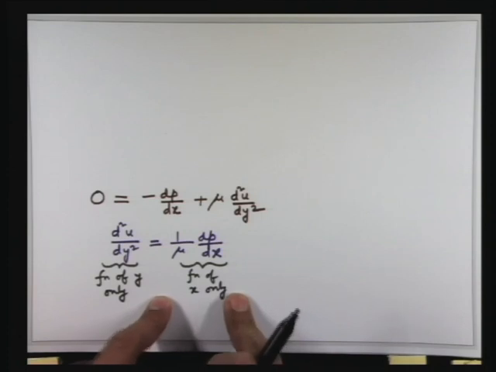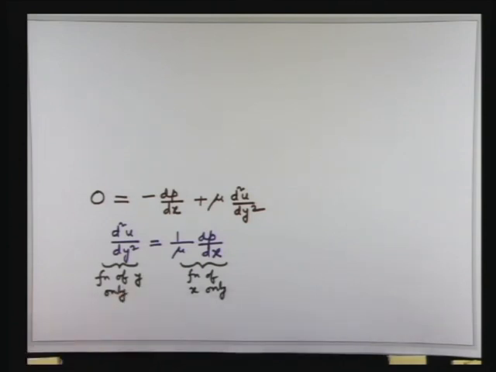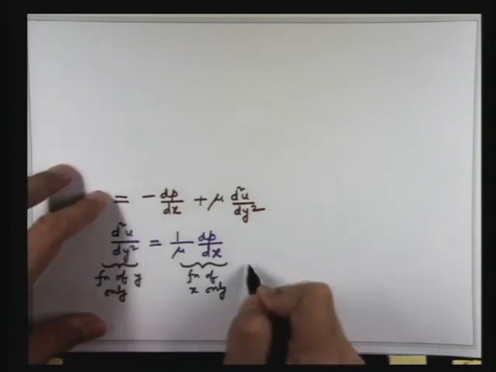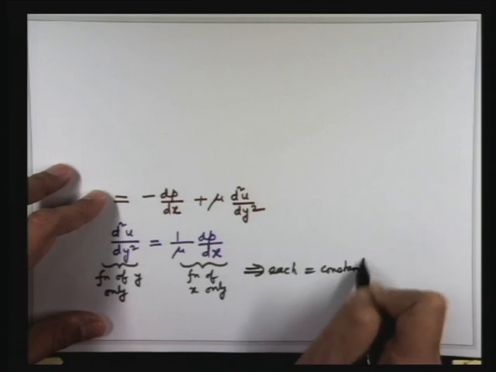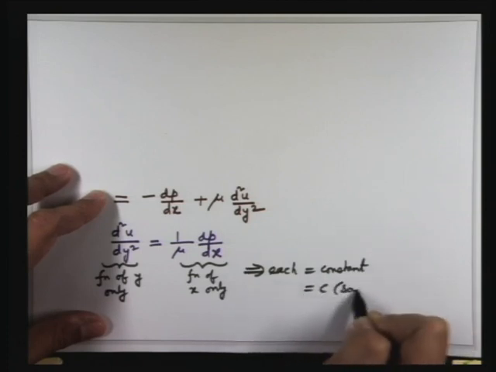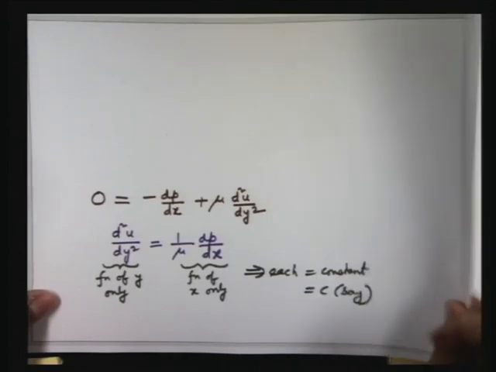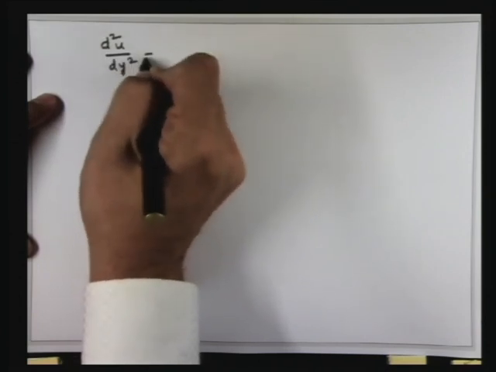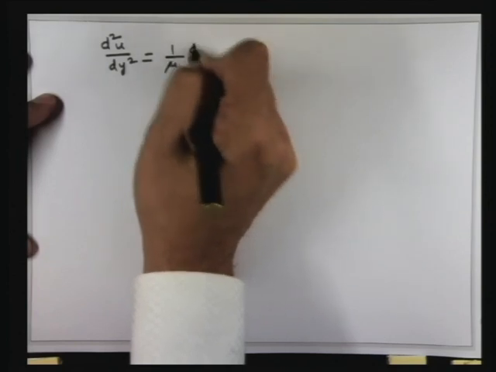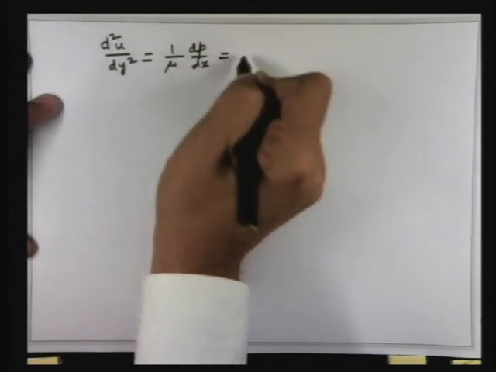For a general case, this is possible only when each is a constant. Otherwise, some x on one side cannot balance some y on the other side. So each is equal to a constant. Let us say the constant is c. So d2u dy2 is equal to 1 by mu dP dx, equal to c.